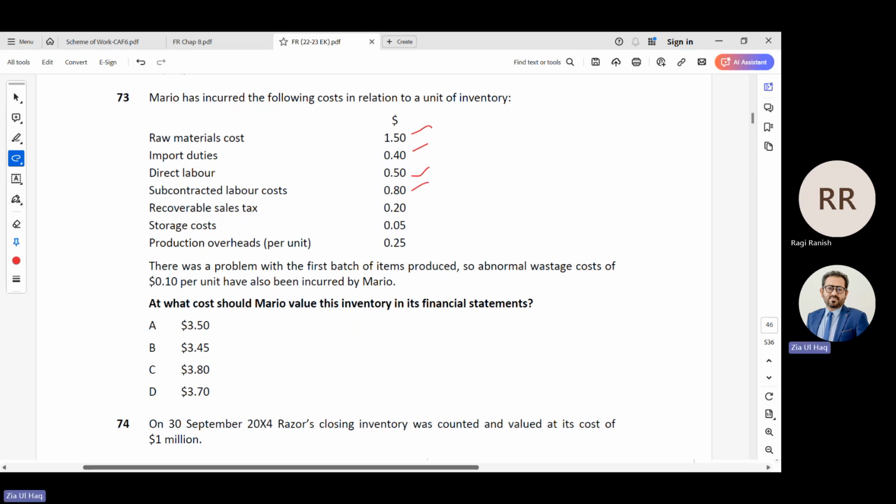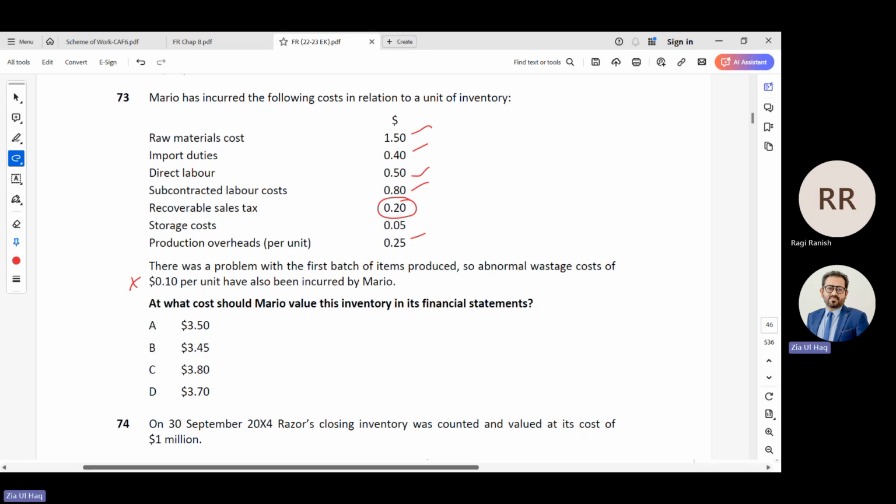Recoverable sales tax, no. Storage cost. Is it not specified? It's not specified. Production overhead per unit, yes. And there was a problem with the first batch of items produced, so abnormal wastage should not be included.